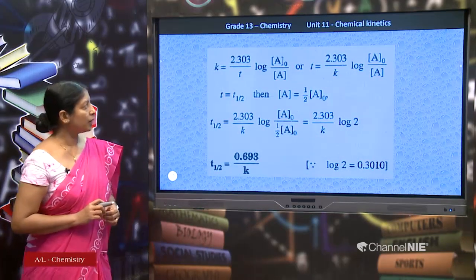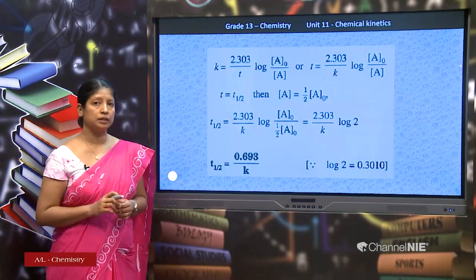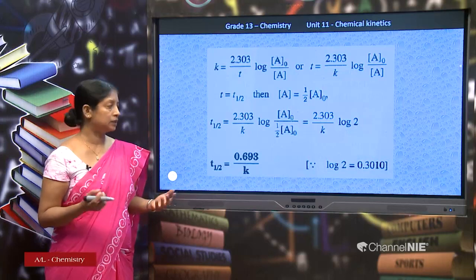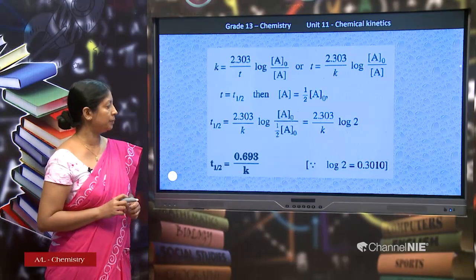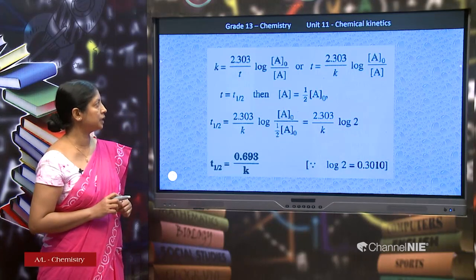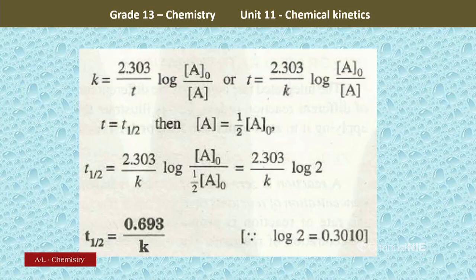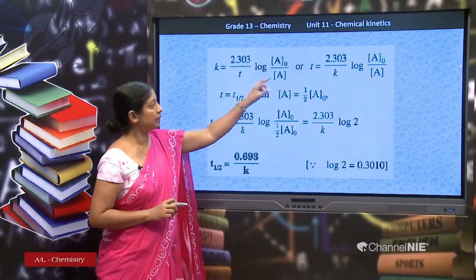So here you are provided how to get the expression for the half life. We came to know it is a constant. Why does it become constant? The relationship between initial concentration and any other concentration is given in this equation. The rate constant K equals this relationship.